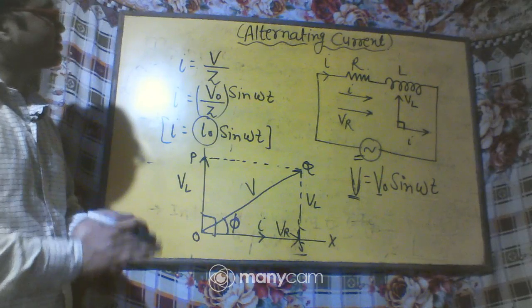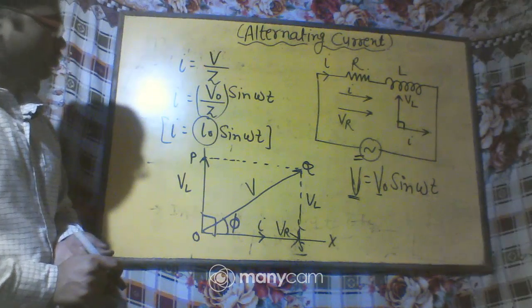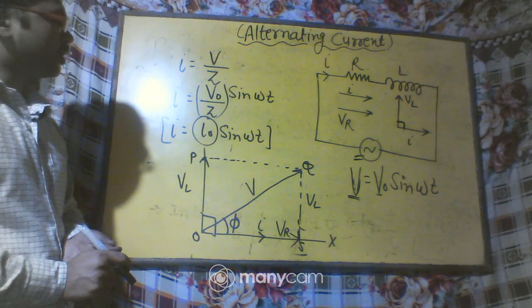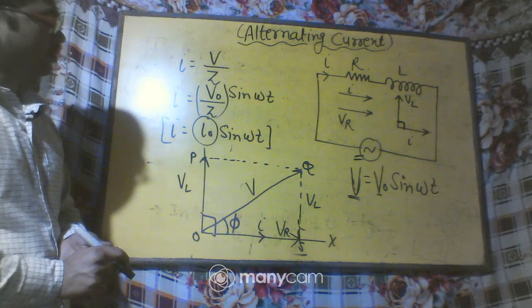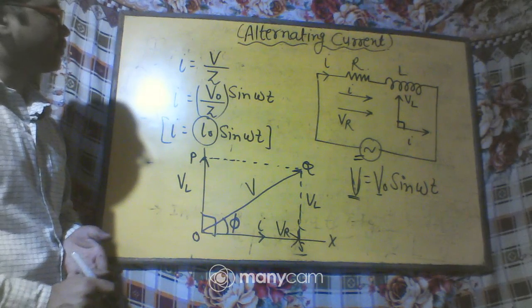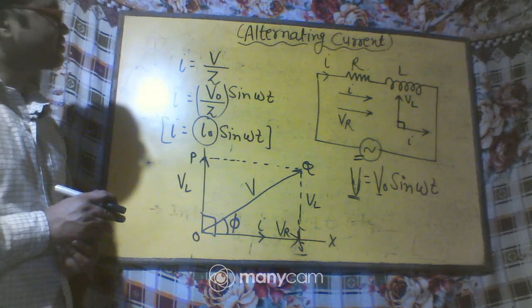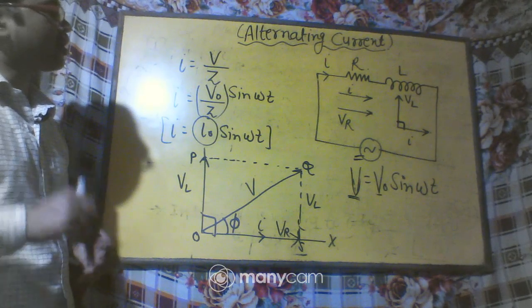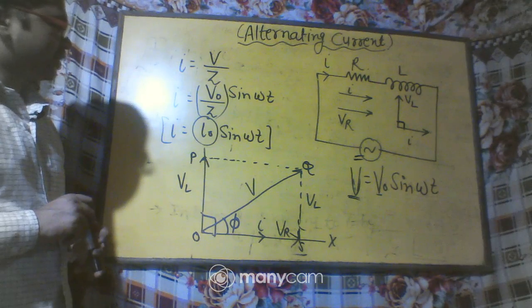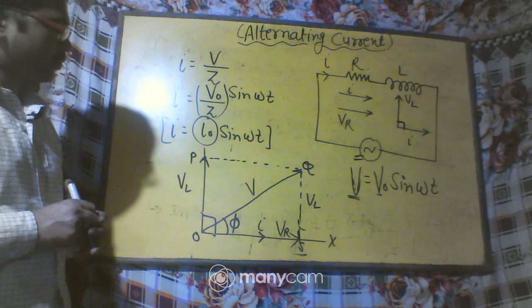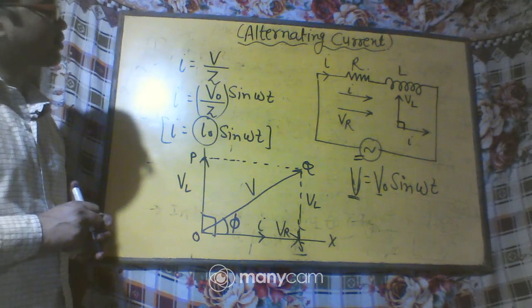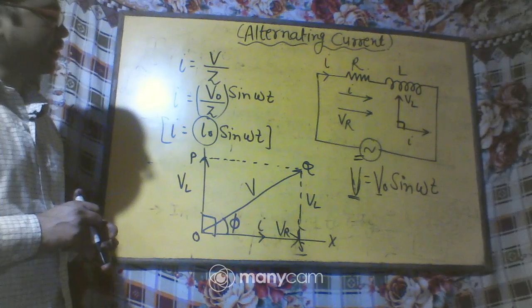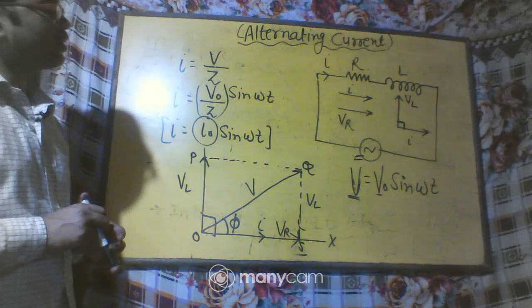Okay, so I hope you understand what is LR circuit actually. So try to note down and revise this topic by yourself. We will discuss this also in our regular class, our online class, if there is any doubt in your mind, but you try to note down and practice.